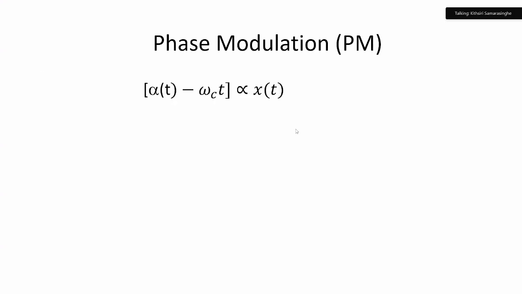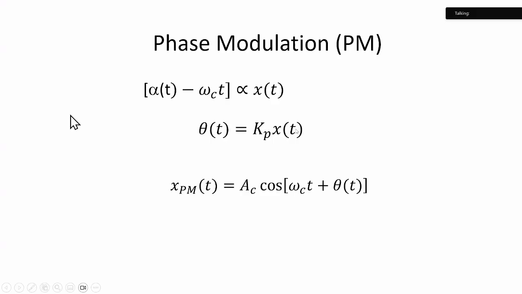Then phase deviations need to be proportional to xt, with coefficient Kp.